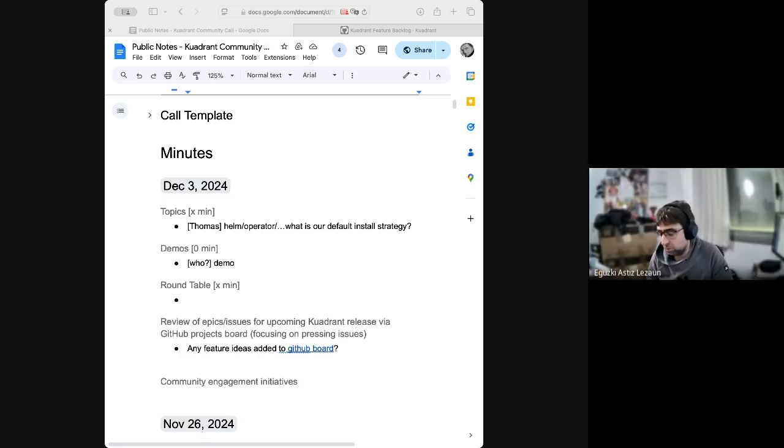I totally agree with what Didi said. I just want to add a few things. First, the discussion is not about either Helm or operator. It's Helm or OLM. In any case, we are installing operators.